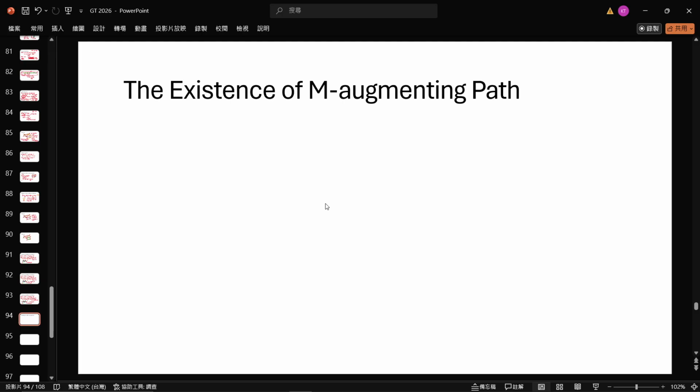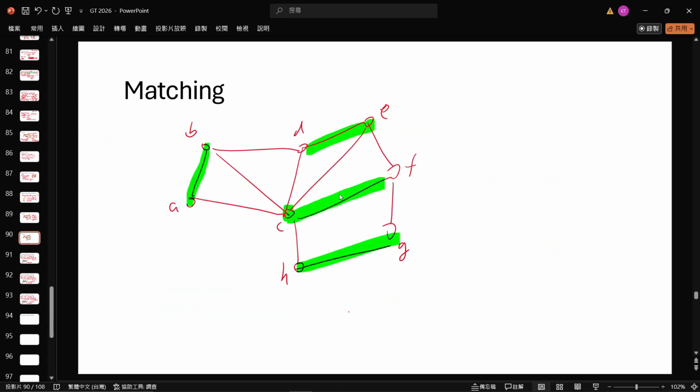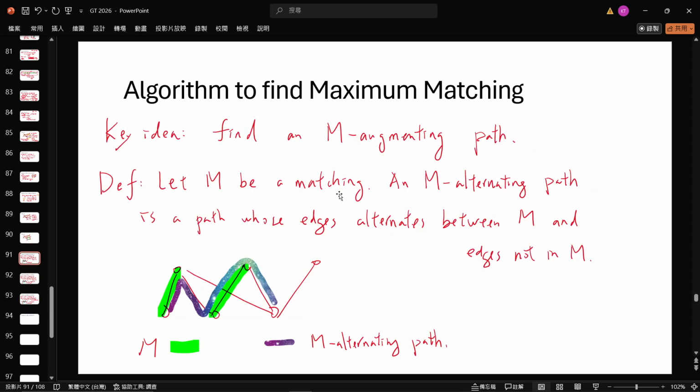Otherwise, I cannot use this idea of just finding an augmenting path and enlarging the matching. So I cannot use this idea if there's no M augmenting path. So I want to first convince you that we can always find an M augmenting path, okay?